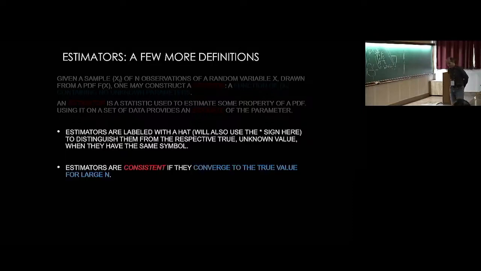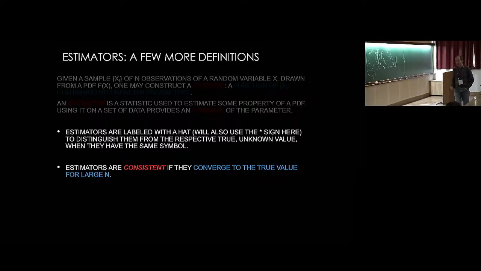One property of estimators that is important and that we will touch on later is that estimators are consistent if they converge to the true value when I throw at them a large amount of data. So an estimator can be consistent or not. It is consistent if, by having large data sets, at the end it gets to the true value. So this is asymptotic behavior.